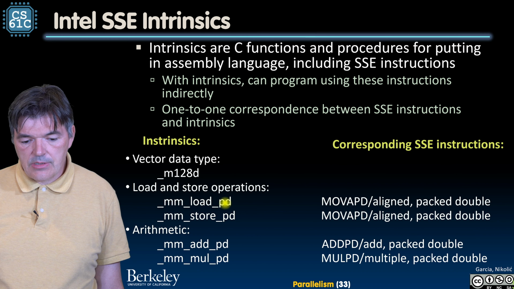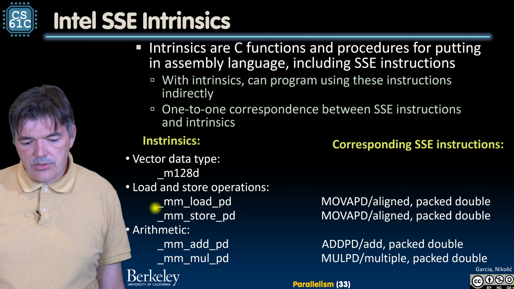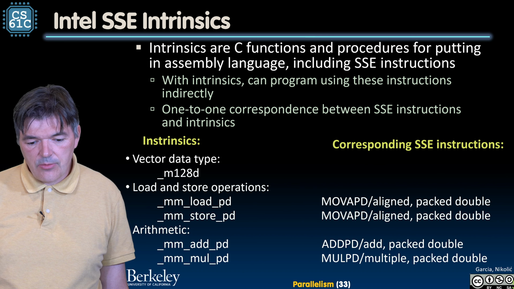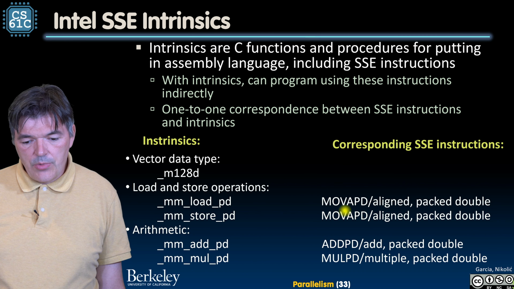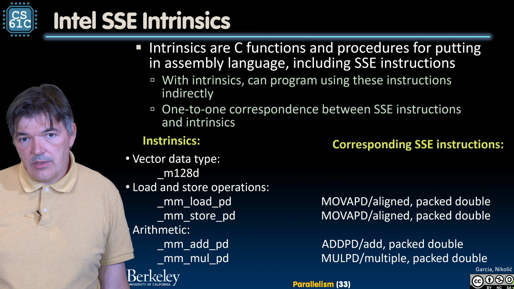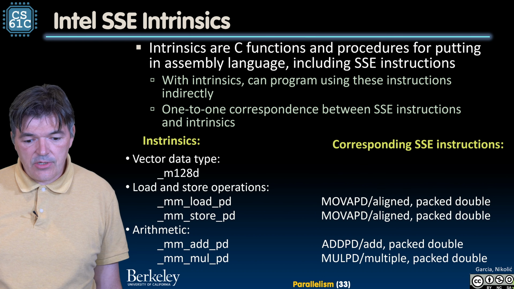These are memory load and memory store operations. They always start with _mm. That's how we'll find these intrinsics, and this will be moving aligned, packed double, represented as a double 64-bit value in the register.